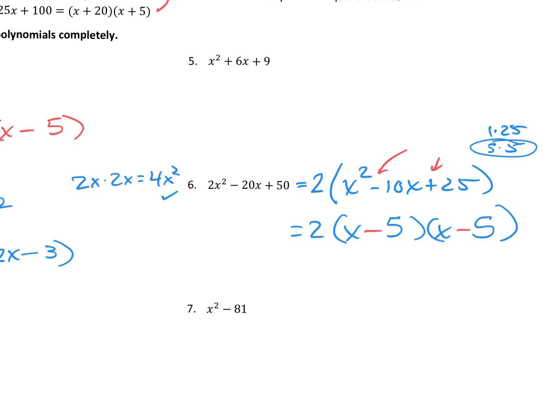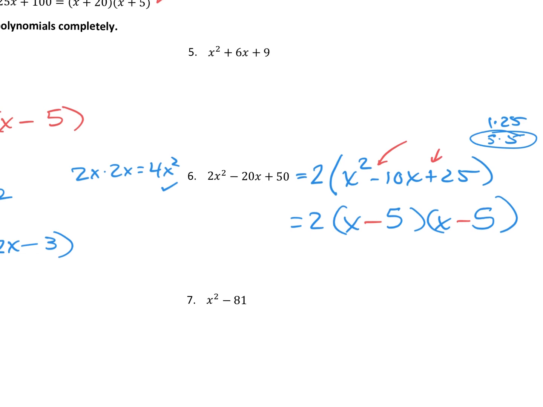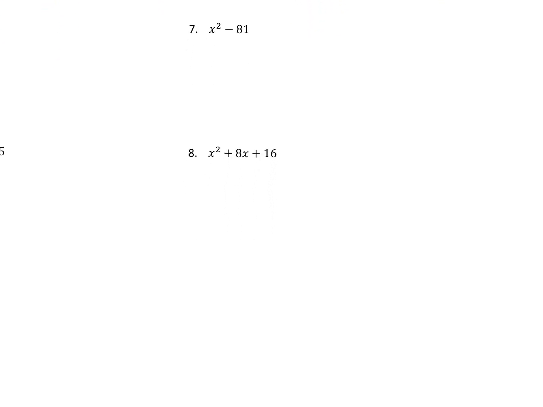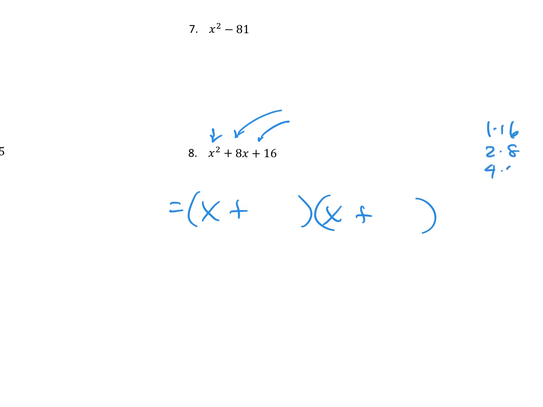Now, when you get down to repeated factors, we do have to pull those together. So here we're going to go ahead and factor this one. We know each first term is x because we have x squared here. This sign is positive, which means the signs are the same. This sign says they're both going to be positive. Then we look at the factors of 16: 2 and 16, 2 and 8, 4 and 4, and we're looking for them to sum to 8x.